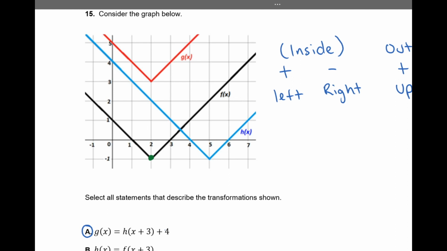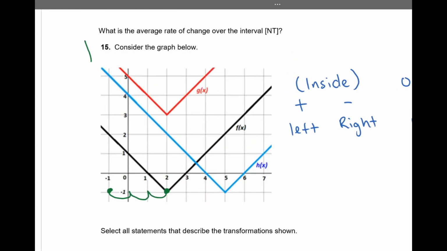Inside parentheses, it's a positive 3, meaning I'm going to go to the left. 1, 2, and 3. There is nothing here. So because there is nothing here, B is incorrect. All right. You guys are going to do C and D on your own.